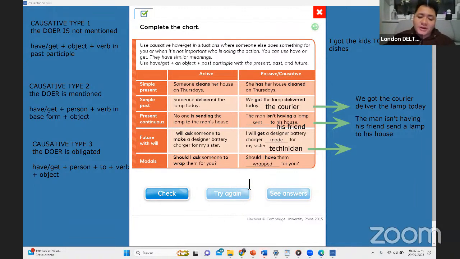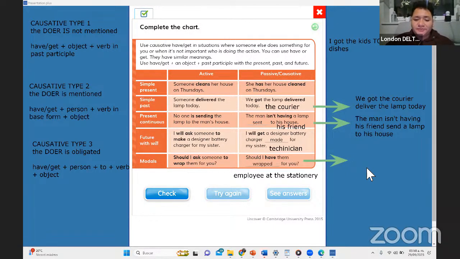Well, maybe the employee at the stationery. El empleado en la papelería. Stationery es papelería. Okay, guys, let's make this. Vamos a reescribir esta oración, pero utilizando el causativo tipo 3. Can you please write it on the chat? The sentence but in causative type 3.